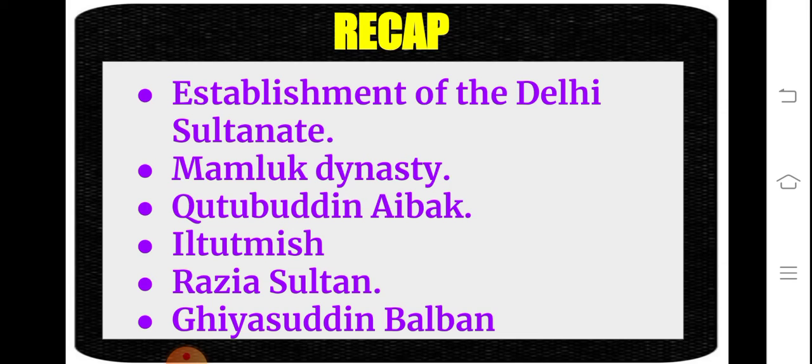She battled them bravely but was ultimately defeated. Then we talked about Ghiyasuddin Balban, who established a strong centralized army that was directly under the control of the Sultan. New officers were appointed and they were rewarded with fertile iktas. So Balban introduced a new system, the ikta system.